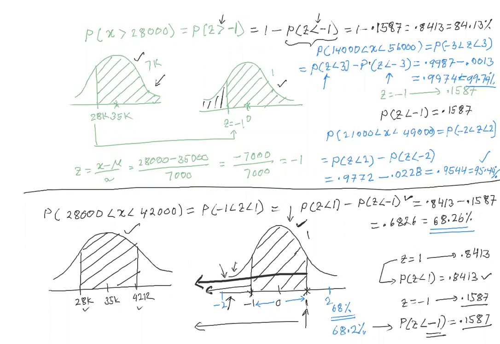All right, now let me go ahead and do something slightly different. The same thing, let's do this example. Mu is equal to 35K and sigma is equal to 7K.